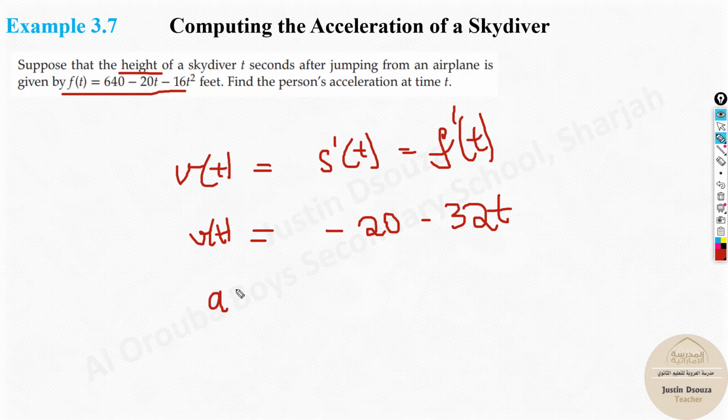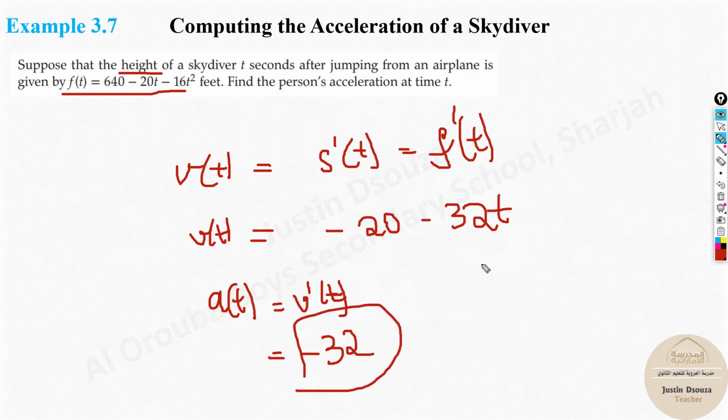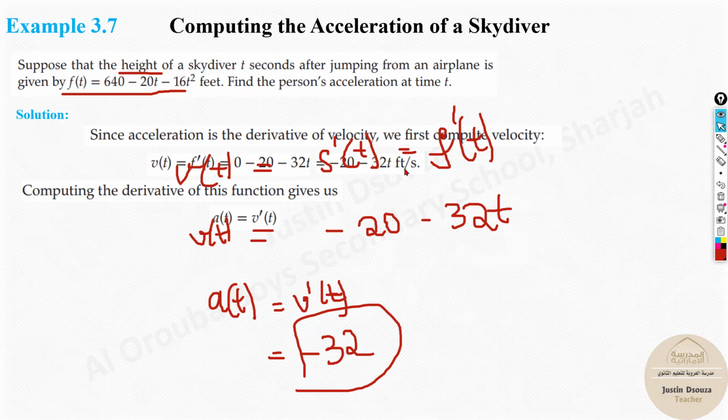What about acceleration? Acceleration with respect to time is the derivative of velocity, and the answer over here would be, again derive this, it becomes 0 and minus 32. That would be the answer. So acceleration is minus 32. Now what about the units?